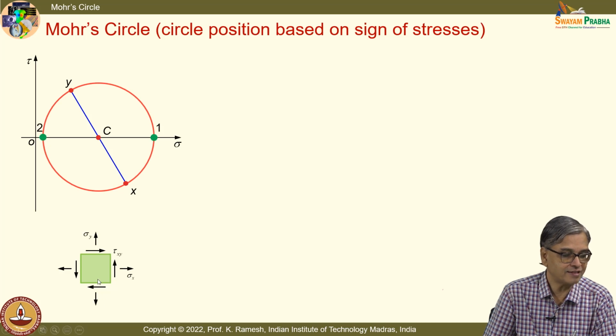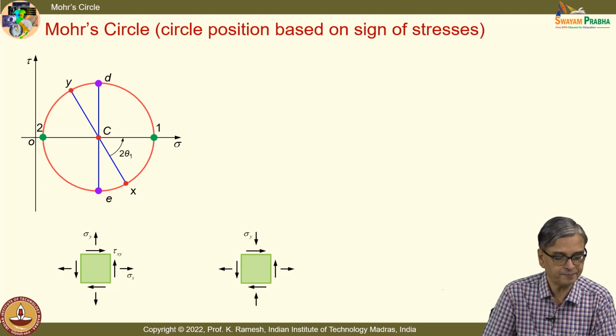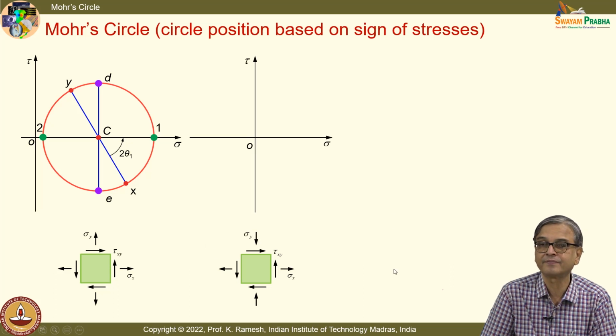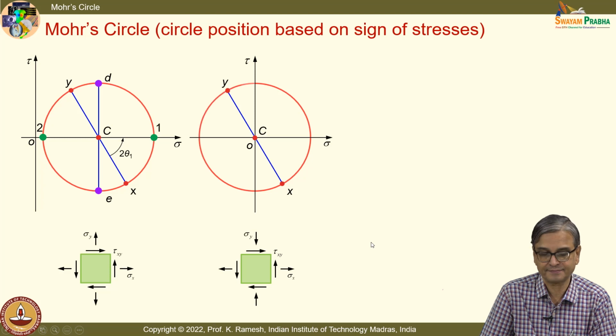So, when I have this, that is what I said, when I represent it, I am representing this as positive quantities. So, this is what we have done, this is sigma 1 and sigma 2 are both positive in this case. So, that is one possibility. I can have another possibility where I have sigma y is compressive, fine. When I have sigma y is compressive, I would have a Mohr circle which occupies something like this.